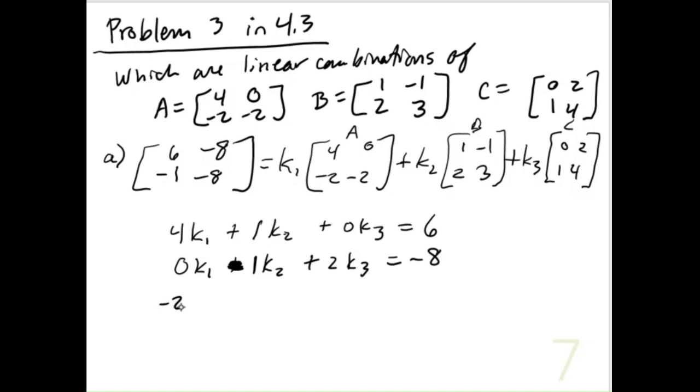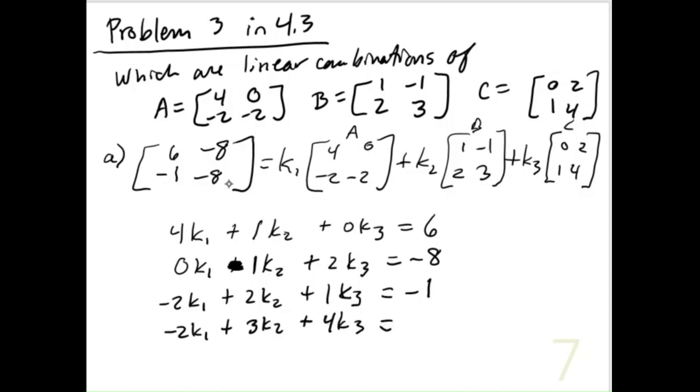Then we have -2K1 plus 2K2 plus 1K3 equals -1. And our last one is -2K1 plus 3K2 plus 4K3 equals -8. So there is our set of linear equations.